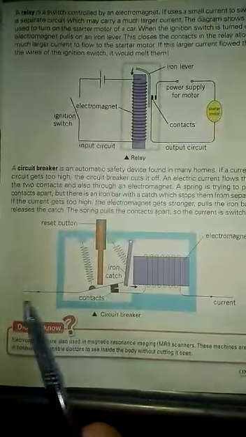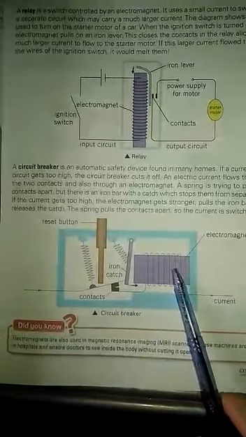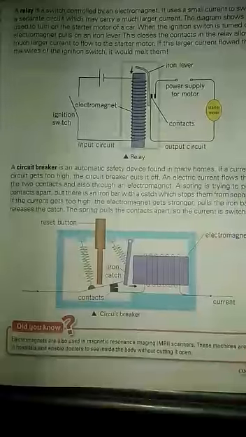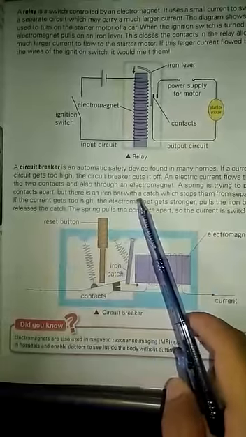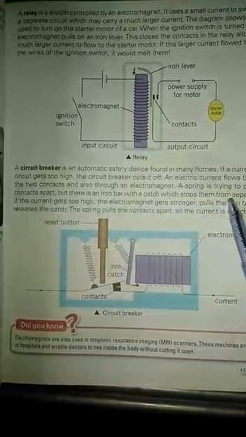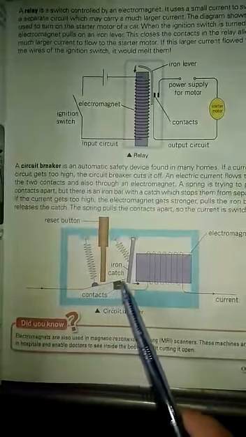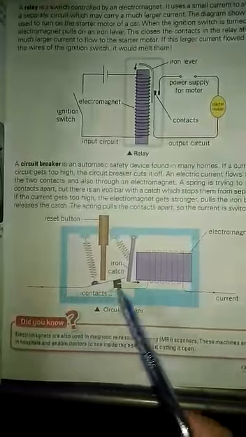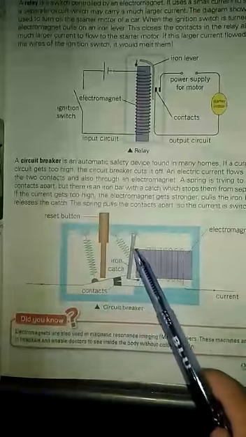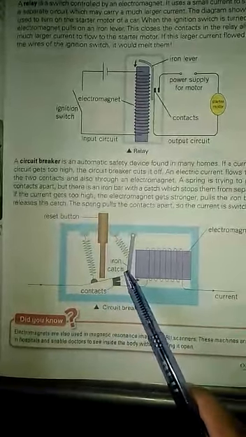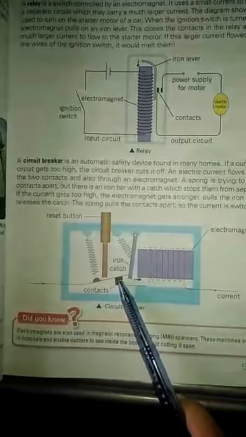A spring is trying to pull the contacts apart, but there is an iron bar with a catch which stops them from separating.